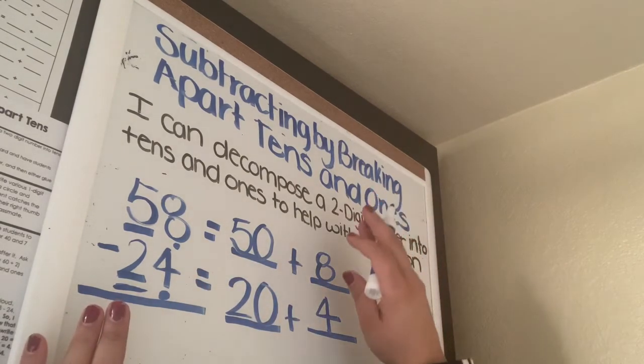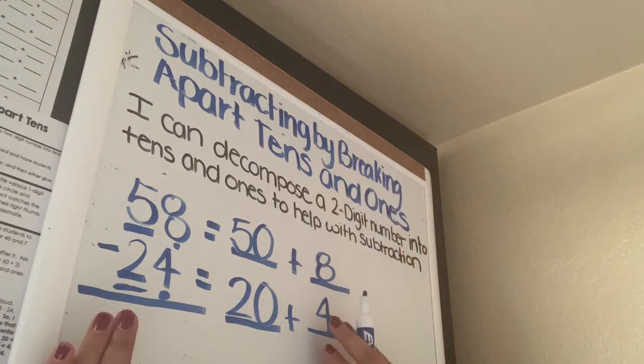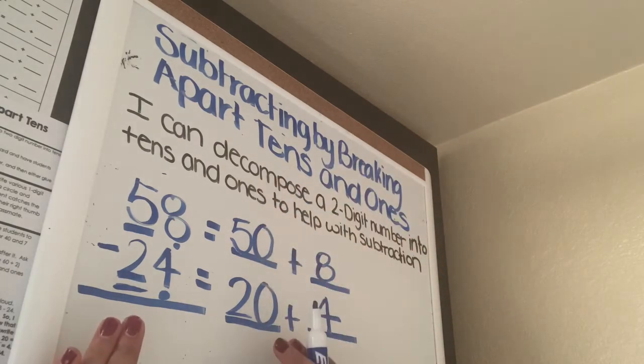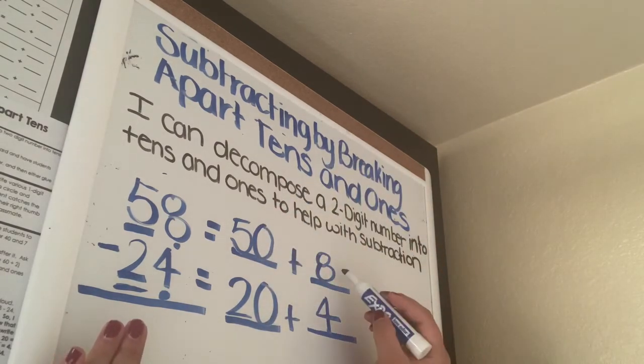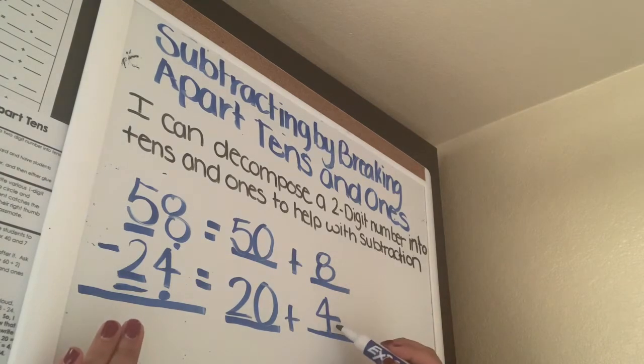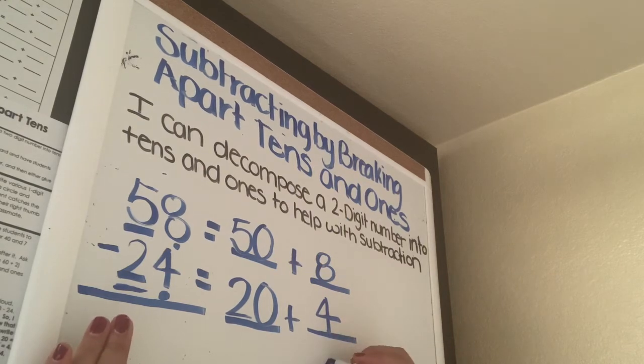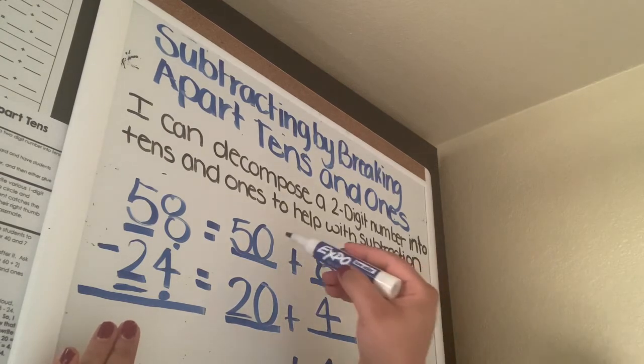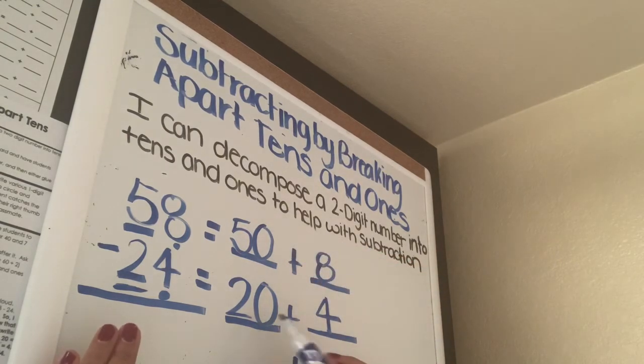Now what we're going to do is subtract our ones, and then we're going to subtract our tens. So what is 8 subtracted by 4? 4. Good job. What is 50 subtracted by 20? Remember, a way to think about it is to skip count backwards by tens.